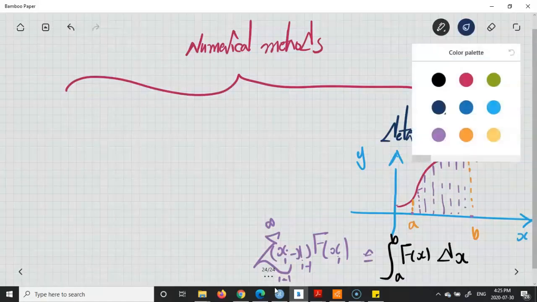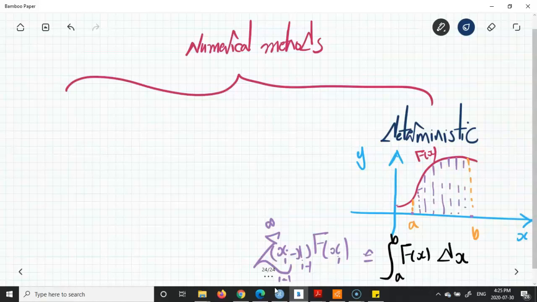However, the focus for this tutorial is a second type of methods for numerical analysis, which is non-deterministic.